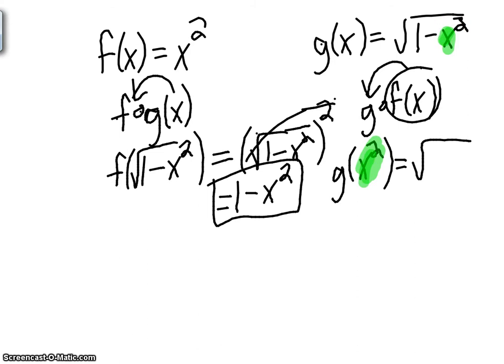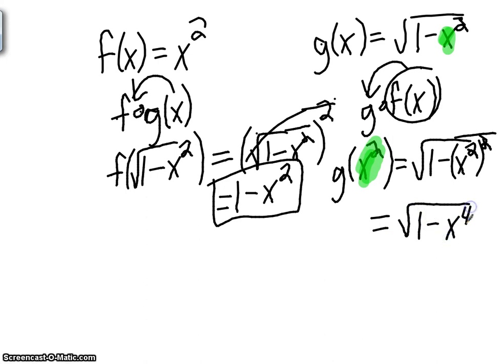So I'll have 1 minus x squared, but then I also have this additional squared from the g equation. Now we have to think back to our rules of exponents. When we have a situation like this, we should remember that we should get x to the fourth here because we're going to multiply our exponents. So the squared times 2 would give us x to the fourth.